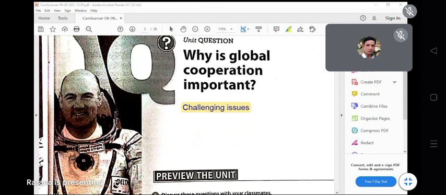When we talk about global cooperation, we have many issues, both negative and positive. Especially when you look at now, you can see that you cannot deal with that problem alone, or any country can't do it alone.